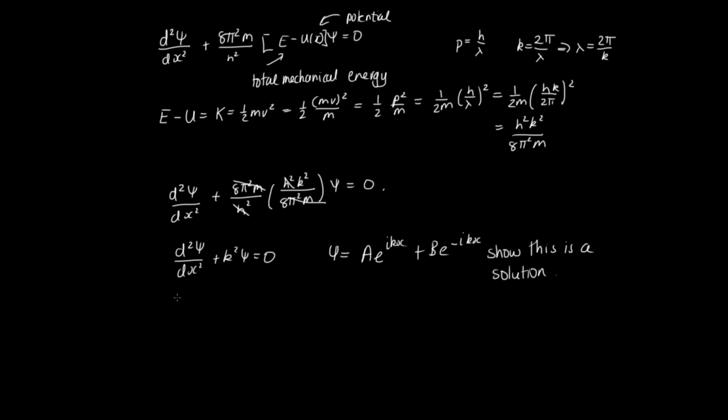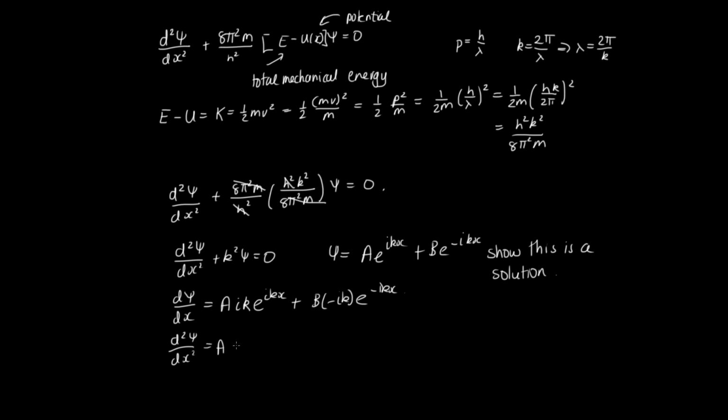So we've got d psi dx. Taking the derivative of this, we have A times ik e to the ikx plus B times minus ik times e to the minus ikx. Then we take the second derivative, d squared psi dx squared.